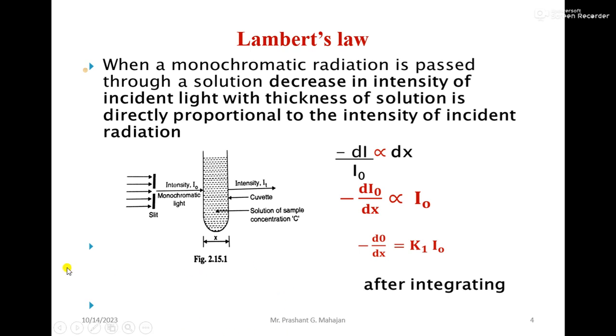You can see in this diagram, I0 is the intensity of incident radiation, IT is the intensity of transmitted radiation, C is the concentration of the solution, and X is the thickness or path length of the solution. The mathematical formula for the statement is minus dI upon I0 is directly proportional to dx.